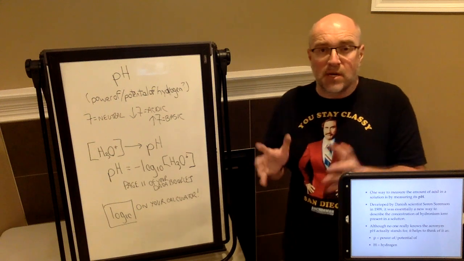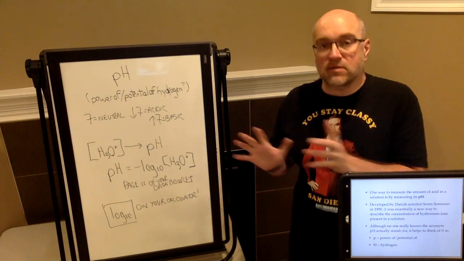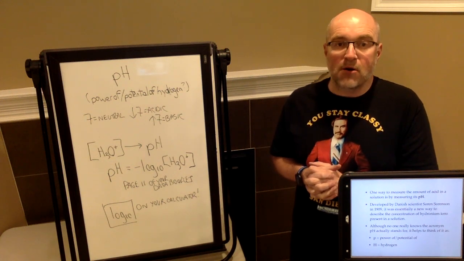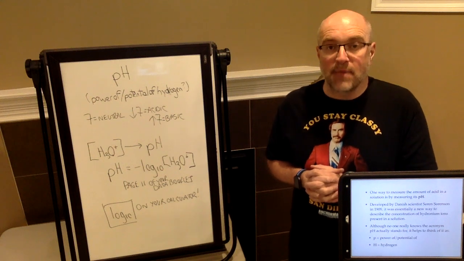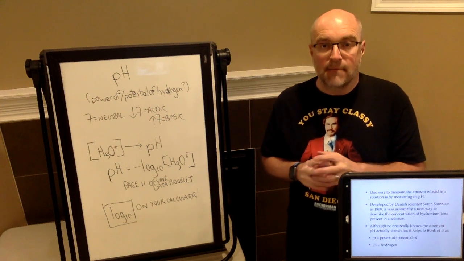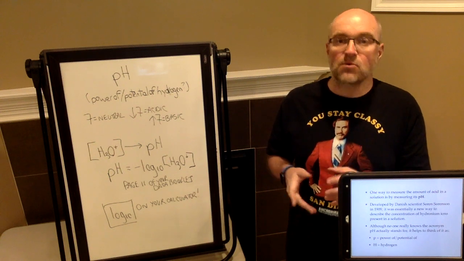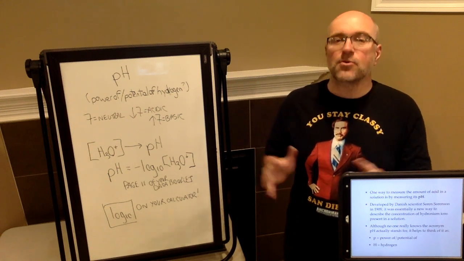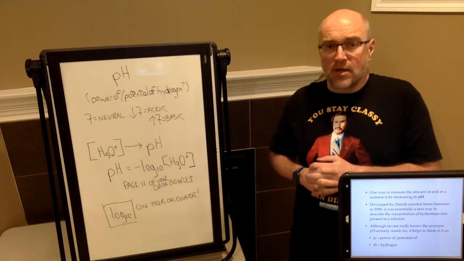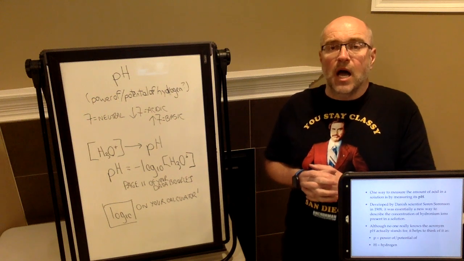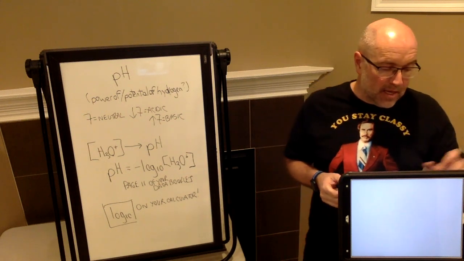It's in one of the videos I'm going to let you look at today: the pOH scale, the power of hydroxide. That scale measures the amount of hydroxide in a solution. But we're dealing with pH, which is hydrogen, meaning donating the proton, so we're getting hydronium ions. So the pH scale indicates the concentration of hydronium in a solution.